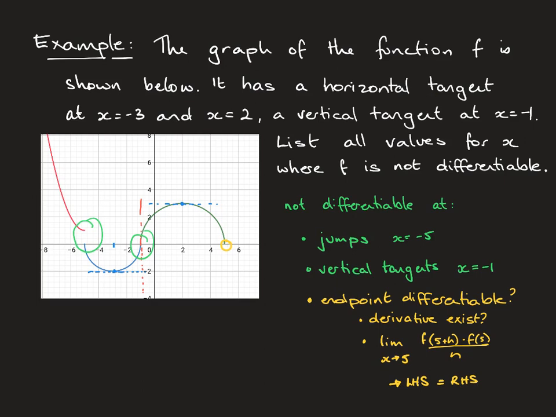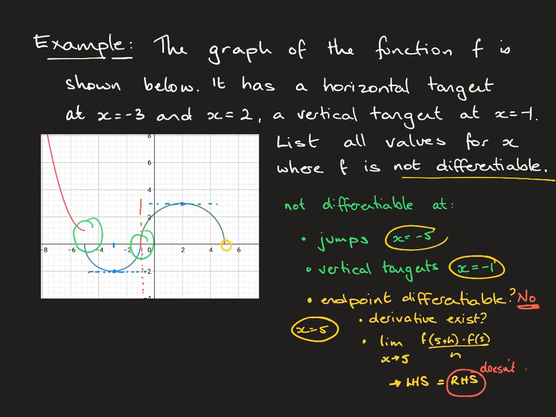And what we've got here is a problem. The right-hand side of the slope doesn't exist. And so the end point is not differentiable. And so we also have a point at x equals 5 that is one of our not differentiable points.